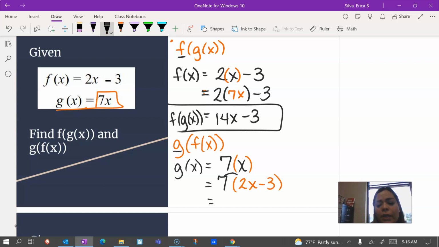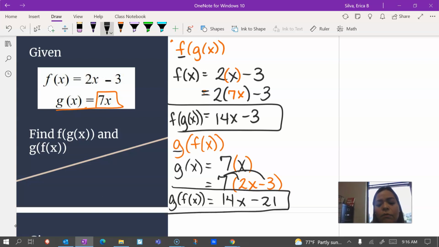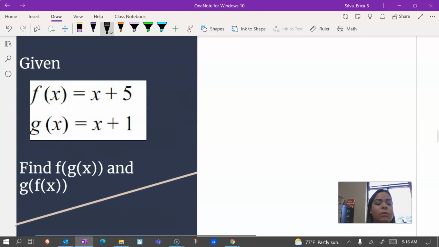And now we simplify. 7 times 2x is 14x. 7 times negative 3 is negative 21. We can't simplify any further, so g of f of x is equal to 14x minus 21. Go ahead and go on to the next example.